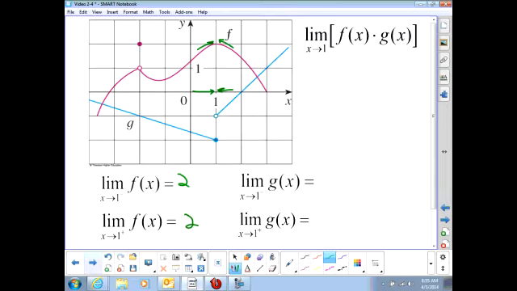So therefore, in our overall limit we're looking for, f of x times g of x, because our left-hand limit for f of x equals our right-hand limit for f of x, we know therefore our limit of f of x is just 2. As we now try g of x, as x approaches 1 from the left, notice g's function is getting closer and closer to -2.